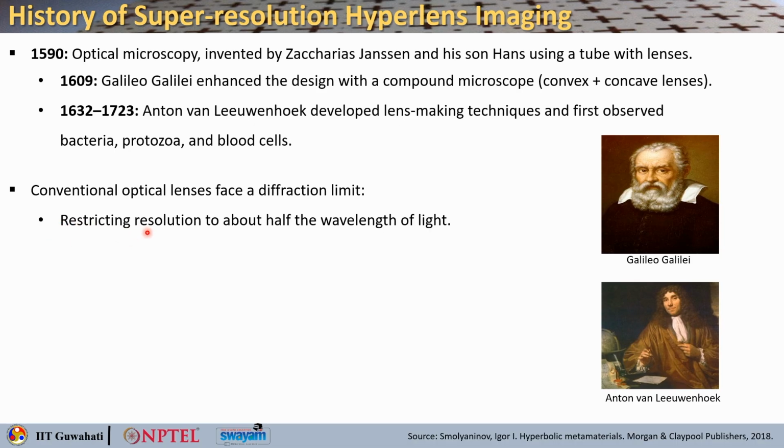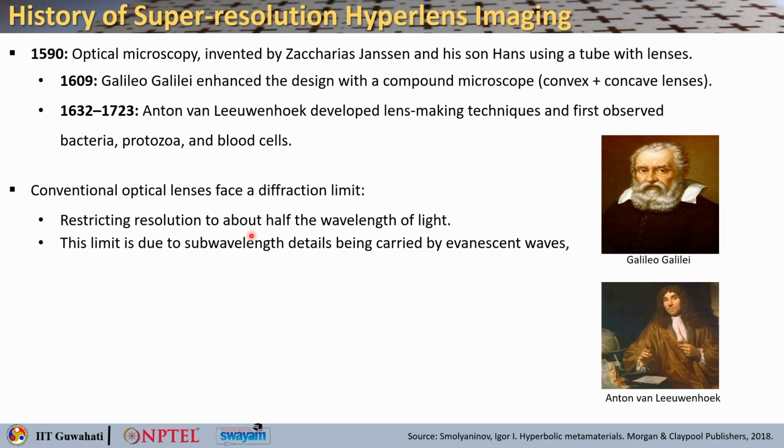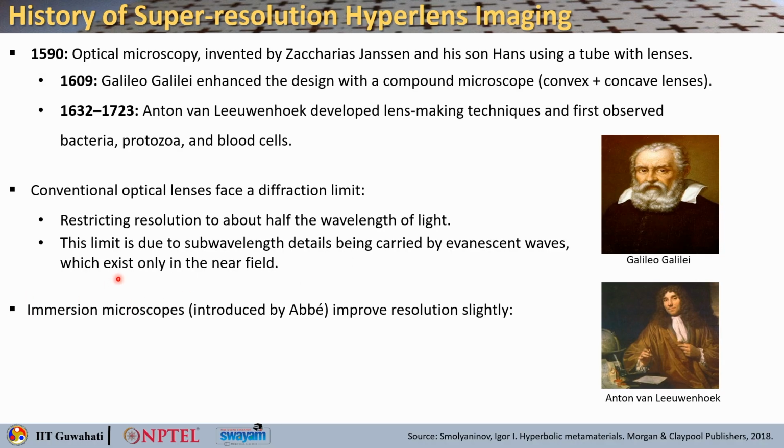Now, the conventional optical lenses typically face a diffraction limit. That means the resolution of the imaging is basically restricted to about half the wavelength of the light being used. This limit is due to sub-wavelength details being carried by evanescent waves, which exist only in the near field.